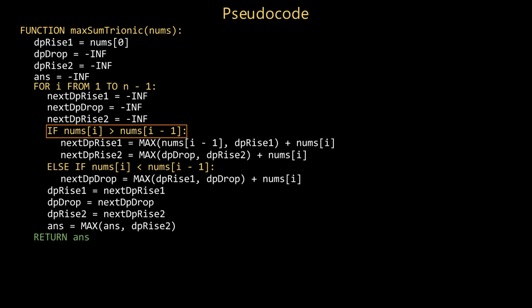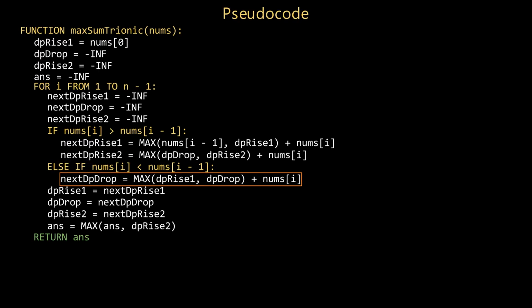If the current step is strictly increasing, update rise transitions. First rise extends the prior first rise or restarts from the previous element alone, then adds the current value. Final rise takes the better of continuing after a drop or extending an existing final rise. Else if the current step is strictly decreasing, only the drop transition is valid.